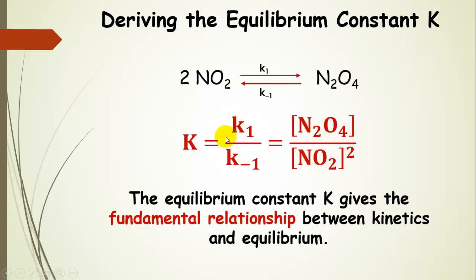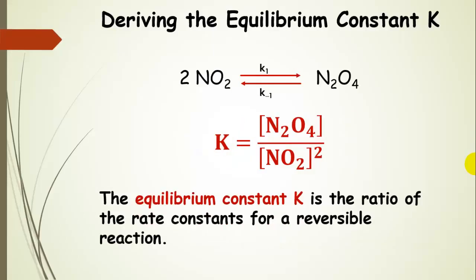Now, this ratio, K1 over K sub minus 1, is equal to the equilibrium constant K. So what we're doing is giving it a new name. This ratio of rate constants, the forward rate constant divided by the back rate constant, is now called the equilibrium constant K. And this is the fundamental relationship between kinetics and equilibrium.